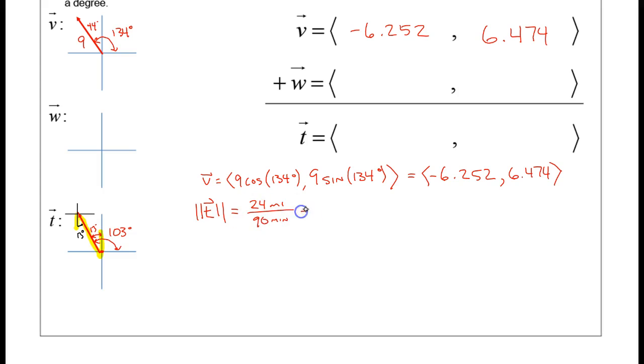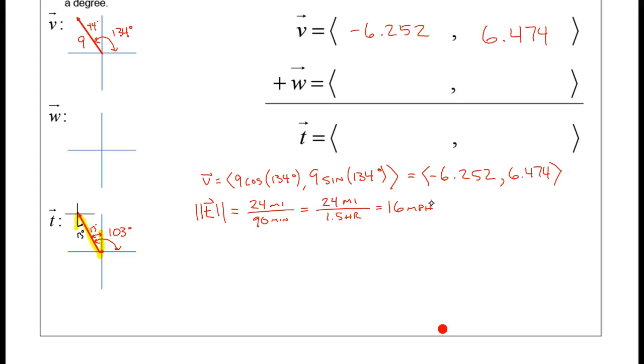I don't know about you, but I don't want to work in miles per minute. I'd rather work in miles per hour. So that's 24 miles in 1.5 hours, which gives me 16 miles per hour. 16 miles per hour is the magnitude of that vector t.